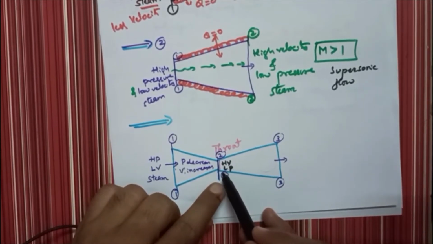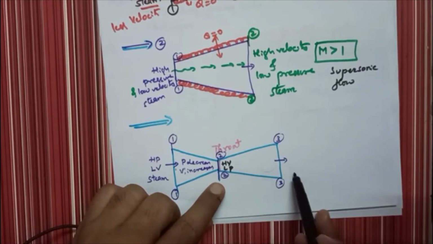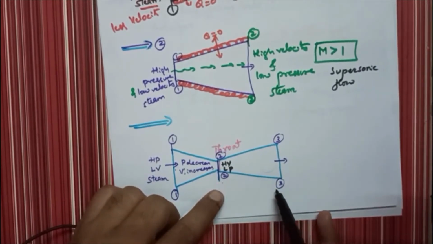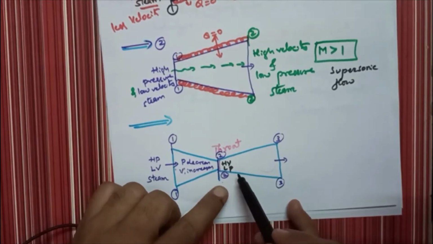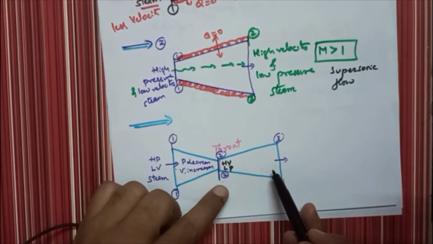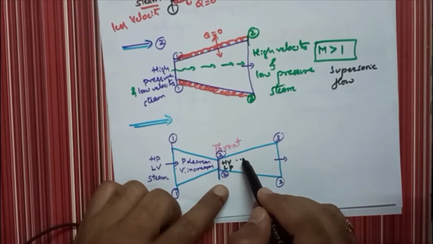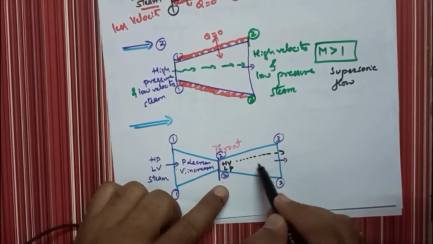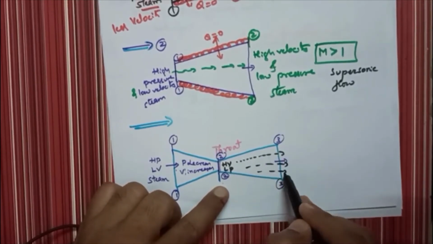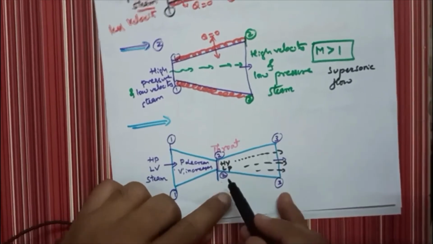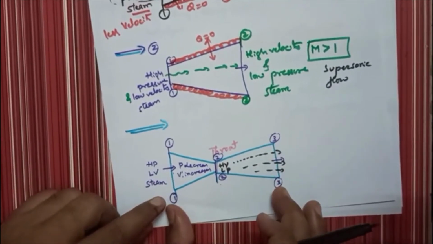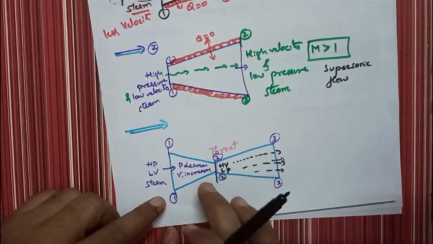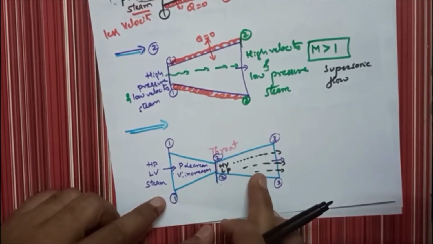Understood? Again, from section number 2 to section number 3, it is acting like a nozzle. The nozzle increases the velocity of the steam, so it will become high velocity steam, then it comes outside the nozzle. That is point number 3. So from 1 to 3 is the total expansion of the steam in the convergent and divergent nozzle.